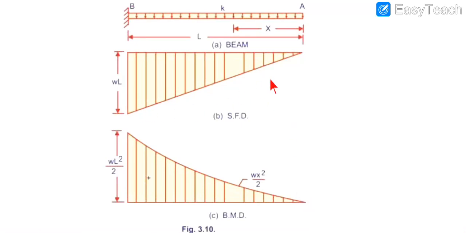The shear force diagram will look like this. Here also we have the maximum shear force as WL, acting at the fixed end, and the minimum shear force will be 0, acting at the free end. So it is clear that in a cantilever slab we'll have maximum shear force and maximum bending moment at the fixed support.